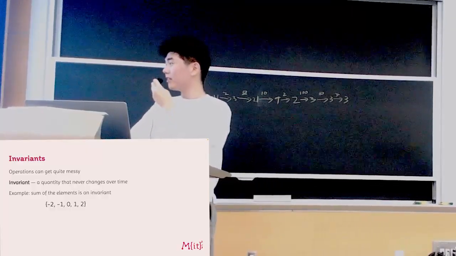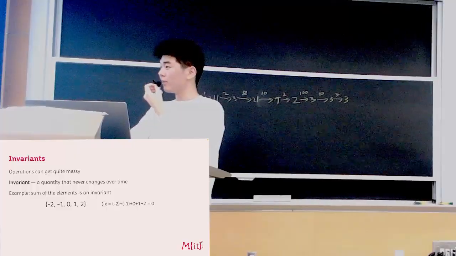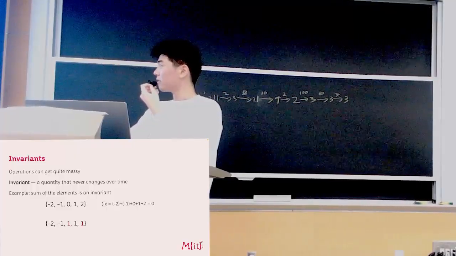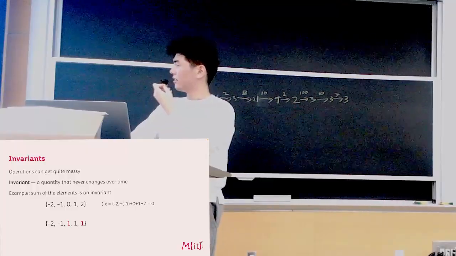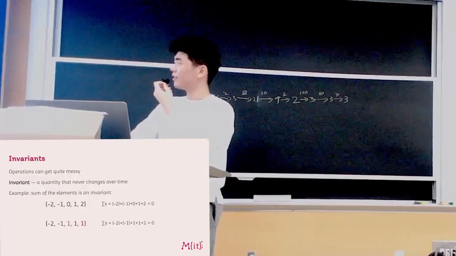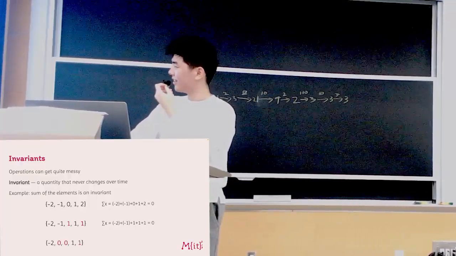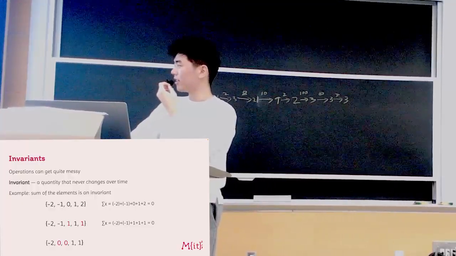So for example here, -2, -1, 0, 1, 2. Initially the sum is 0. After we perform the operation on 0 and 2, you get two 1s. And after you perform it on -1 and 1, you get two zeros.